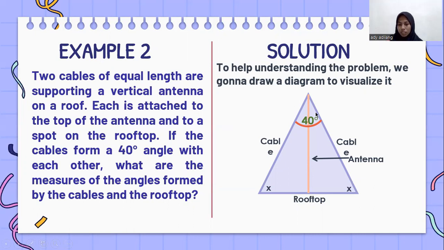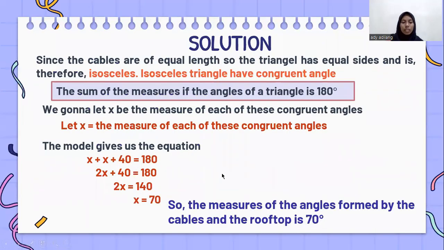In this part, this is a cable, and this is the angle between the cables, and this line in the center is called the antenna, and this base is called the rooftop. Next, since the cables are of equal length, the triangle has equal sides and is therefore isosceles.